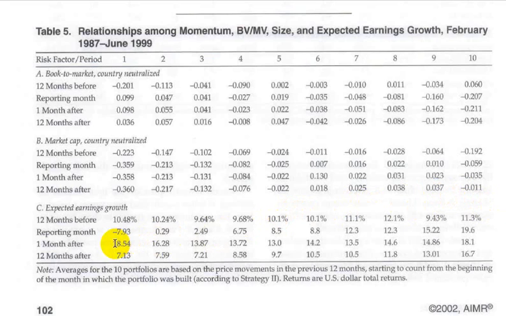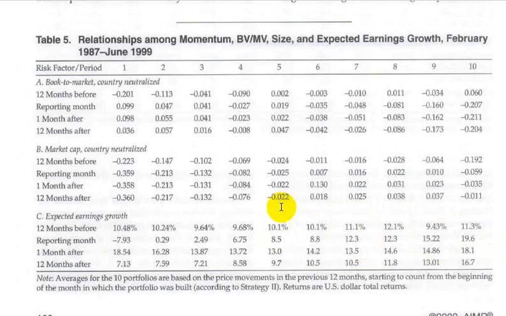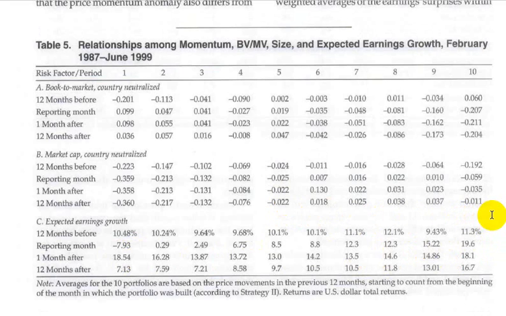But the authors conclude that since the 1 month expected earnings growth variable doesn't increase in line with the momentum increase, then we can reject that hypothesis as well. And so that might mean that analysts typically under or overestimate earnings. And this might point to their delayed reaction to new information.